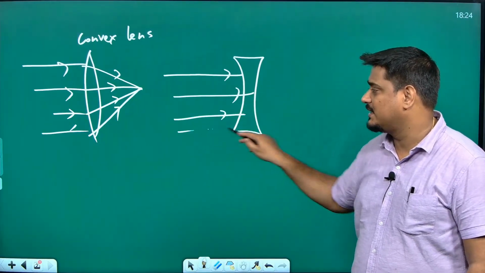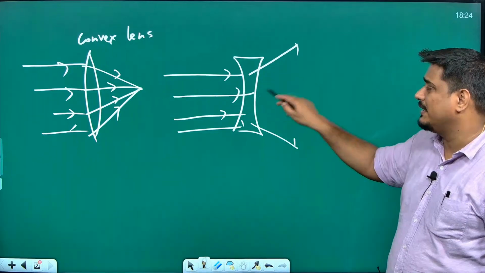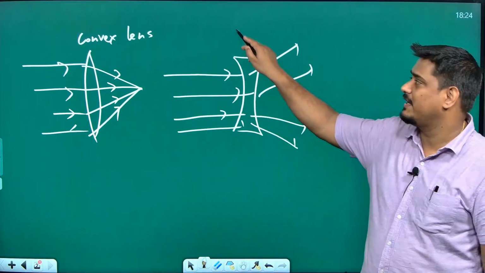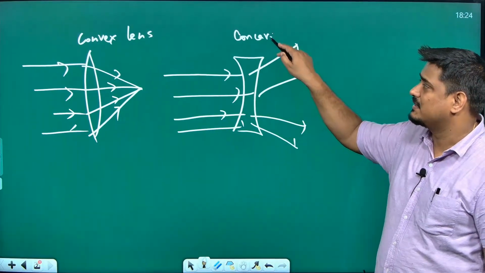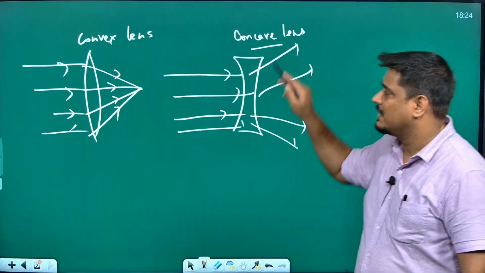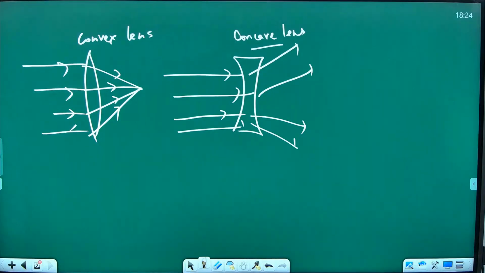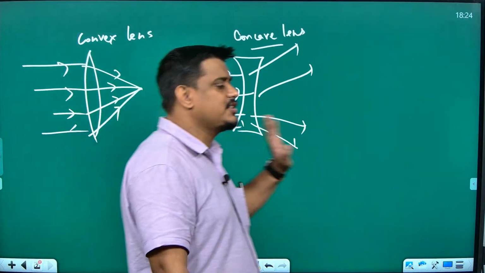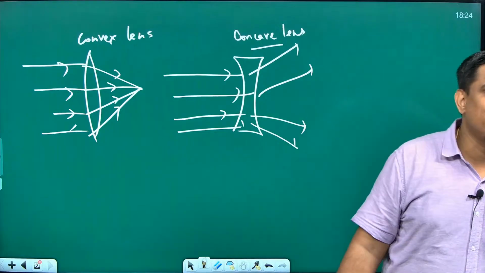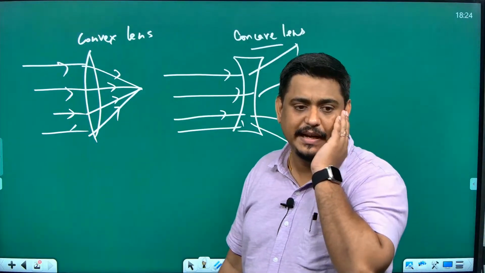It has a tendency to diverge all the light coming on it, and that's why the concave lens is called a diverging lens. Remember this. Once again, all the image formations of a concave lens and convex lens should be in your head. It will come in the examination.